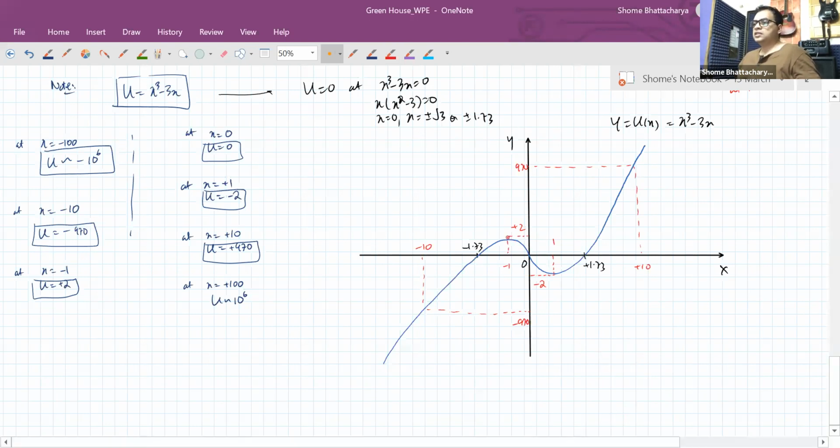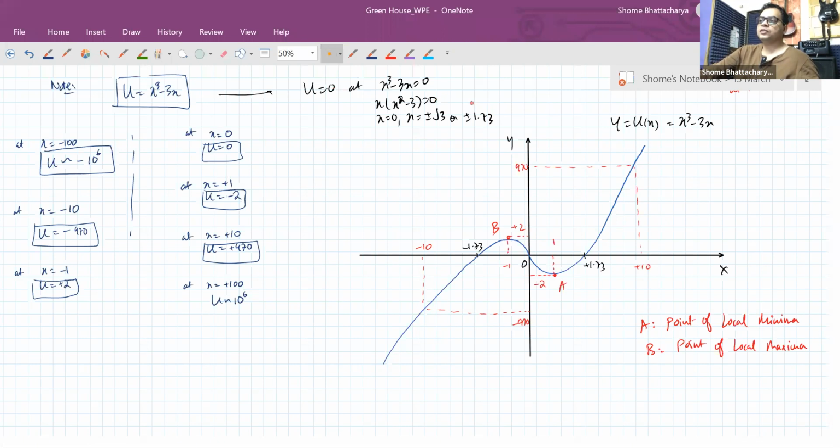So you can understand that these are the points of local minima. This one is the point of local maxima. So the thorough analysis of this function is like this. Of course, this is not required for our purpose in the question here. In the question, we were just asked to calculate the local maxima and minima, and that we have done using the differentiation method earlier. So graph is not part of the question, but it just explains why we got the result like that. It shows the behavior of the function, explains the result.